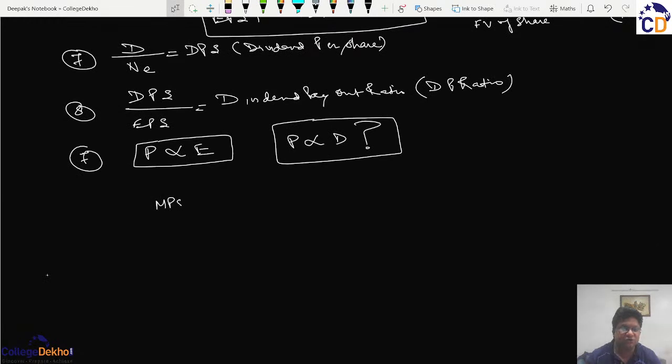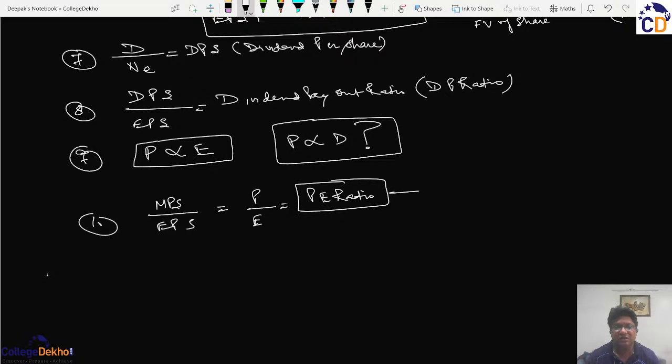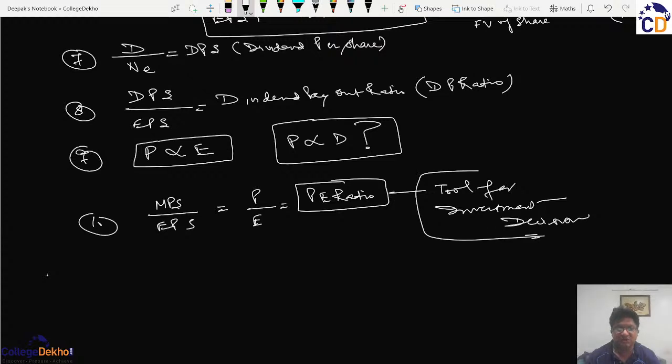So we take a ratio of the market price to the earning per share, that is P upon E, known as the price earning ratio. And this price earning ratio is an important tool for investment decisions. We always take investment decisions based on such price earning ratio.